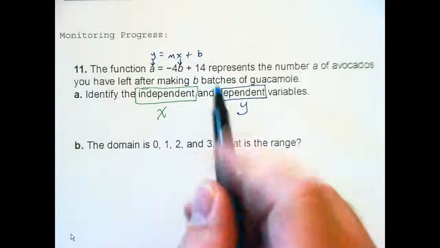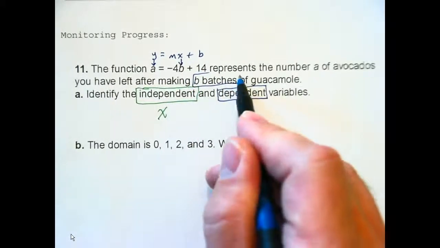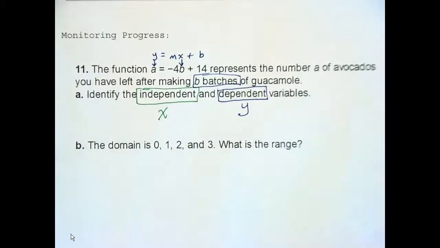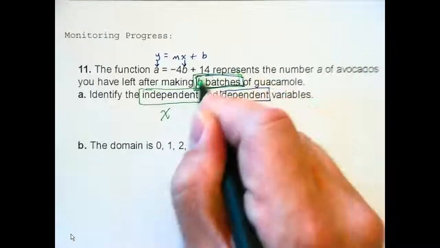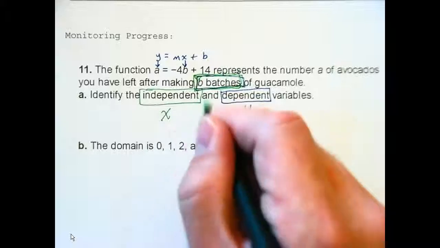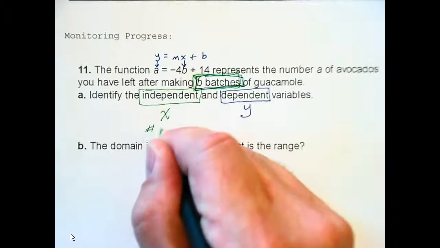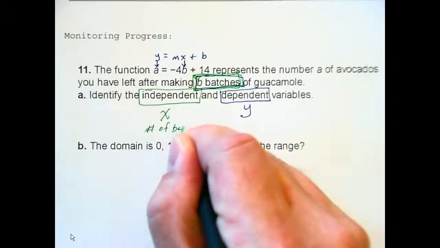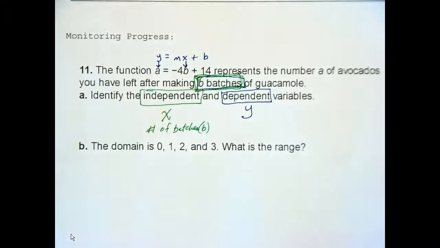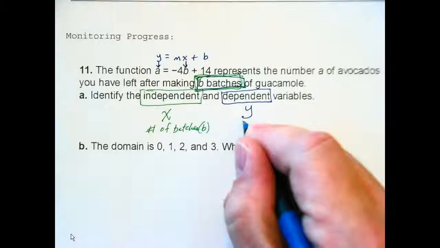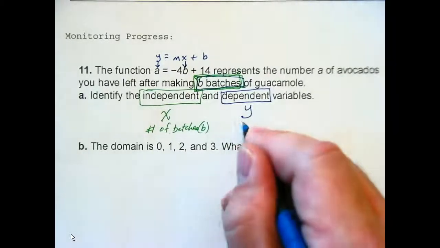So in this case, the number of batches is my independent, and if you want, you could put the b. And the dependent would be the number of avocados.